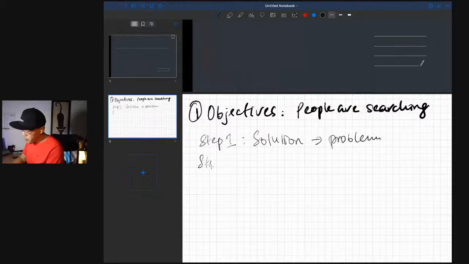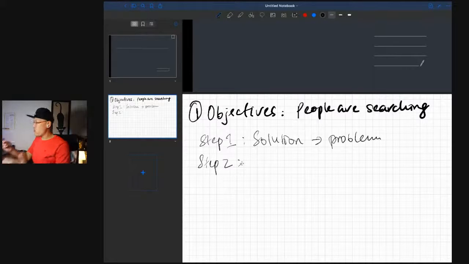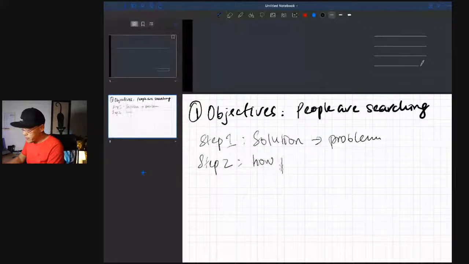Now, step two: once you know that this solution is able to solve this problem, the next step is to look at how people are searching.